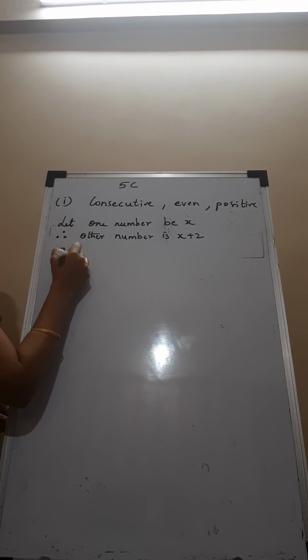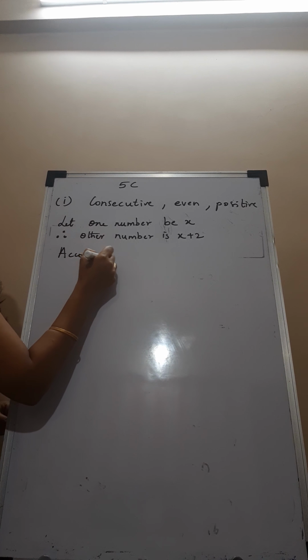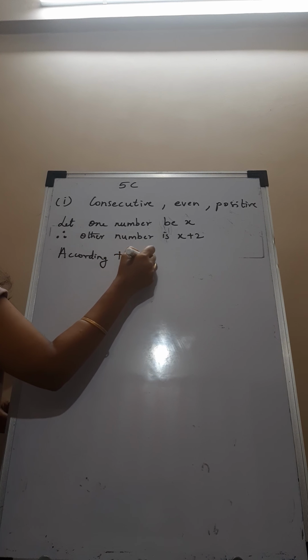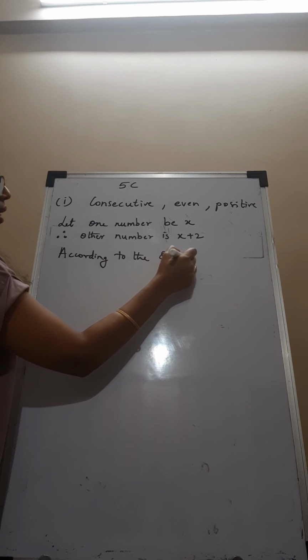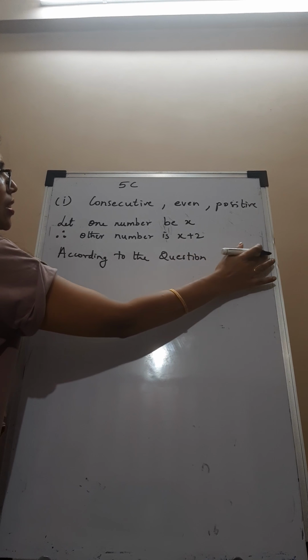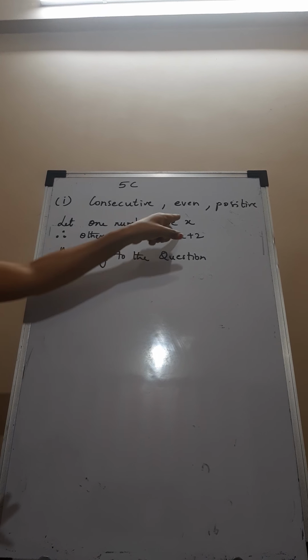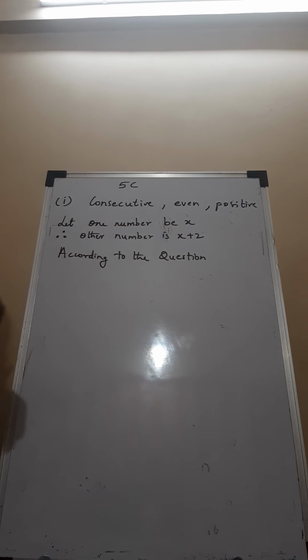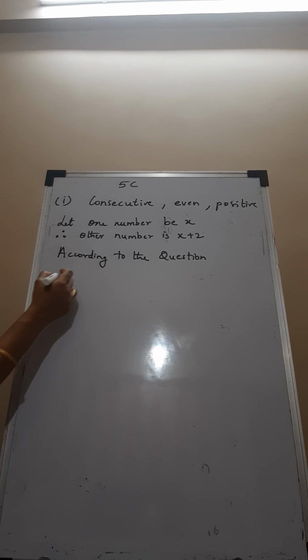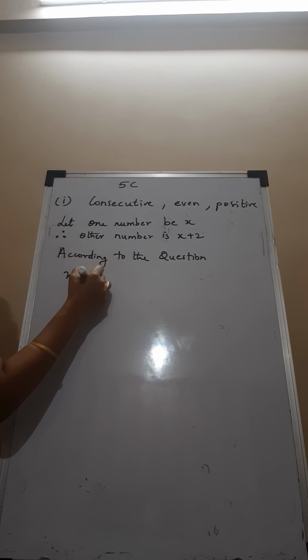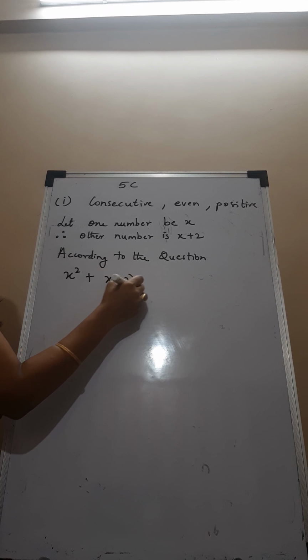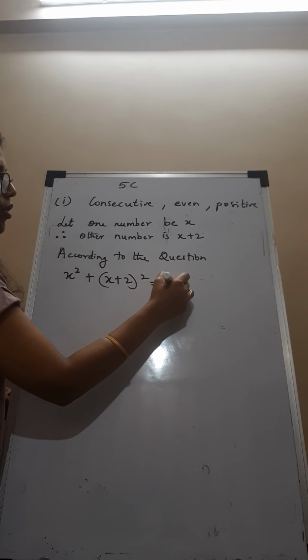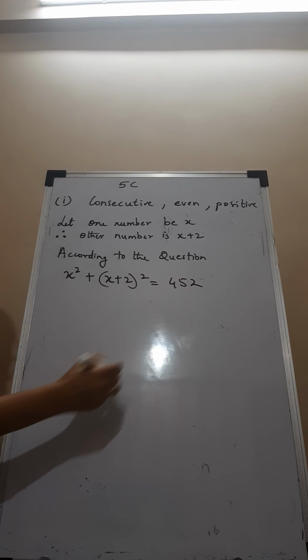That means according to the question, you frame the equation as the sum of their squares, means you square this number as well as you square this number, and sum means adding the squares is equal to 452. That means x square plus x plus 2 the whole square is equal to 452.